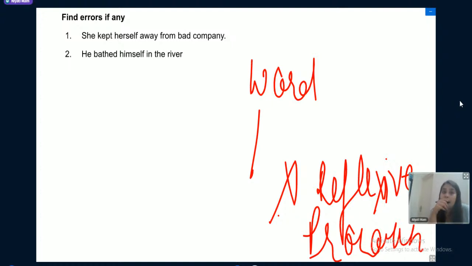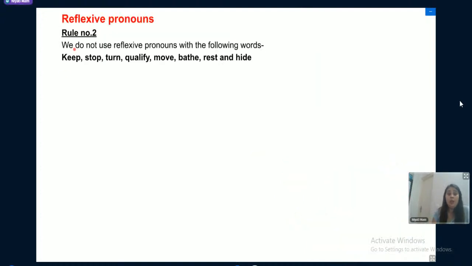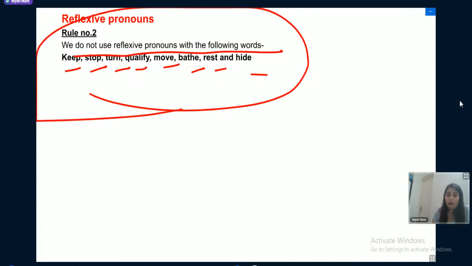We do not use a reflexive pronoun with the following words: keep, stop, turn, qualify, move, bathe, rest, and hide. Right? So we do not use a reflexive pronoun with these words.